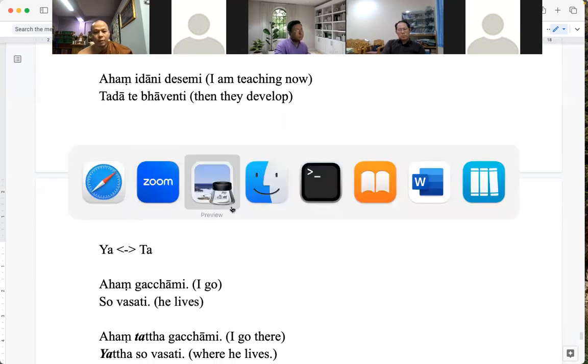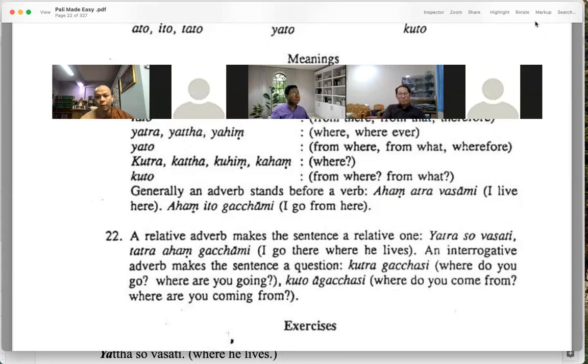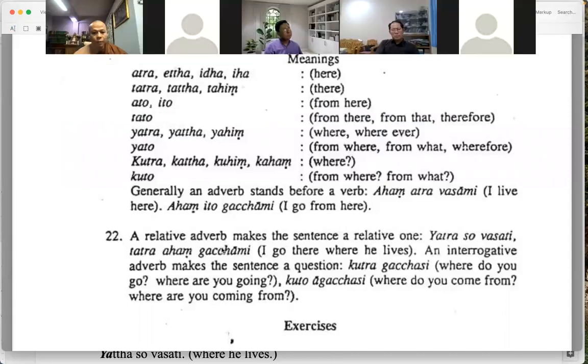So that is fine. You see, the past information here. So generally, any adverb stands before the verb.